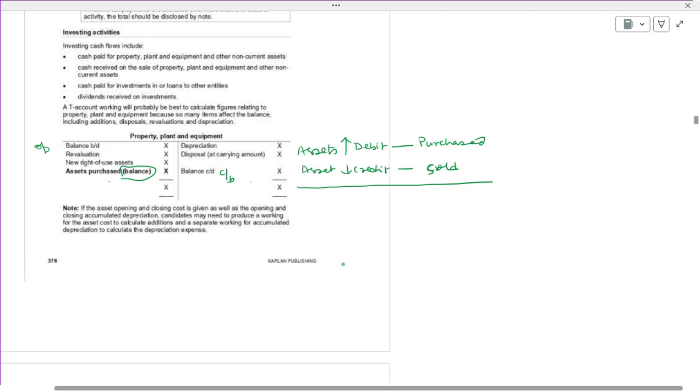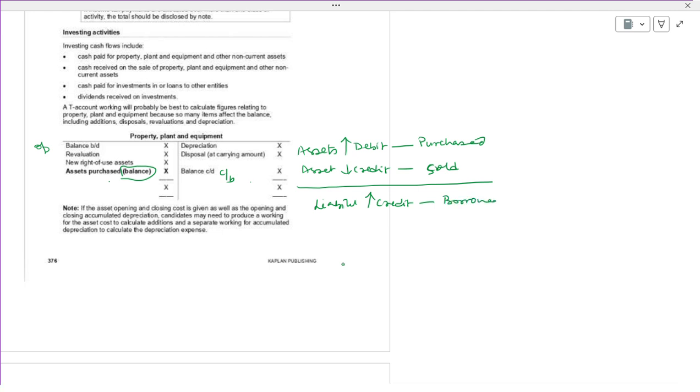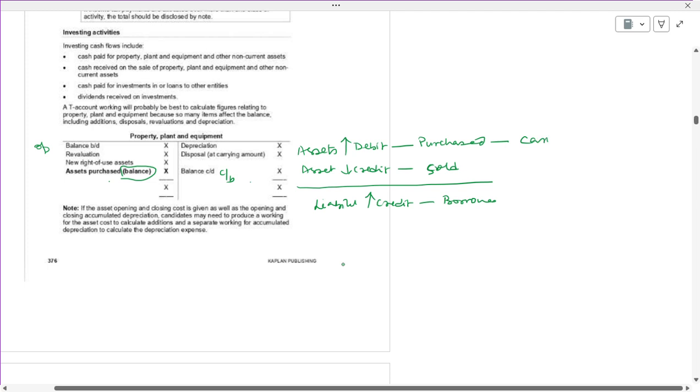In the same way, if it is a liability or share capital, if the liability is increasing, it will be on the credit side. It means you have borrowed it, and I will pay later. This is a cash inflow.